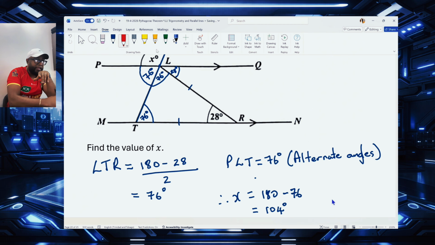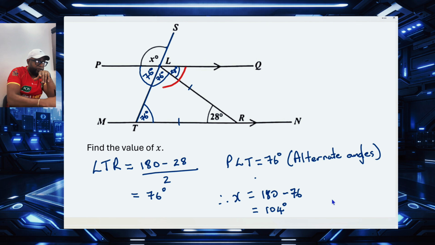This angle here and this angle behind here are vertically opposite. Why? Because if you see the x, once you have this here and this here, you have an x. Vertically opposite angles are equal.